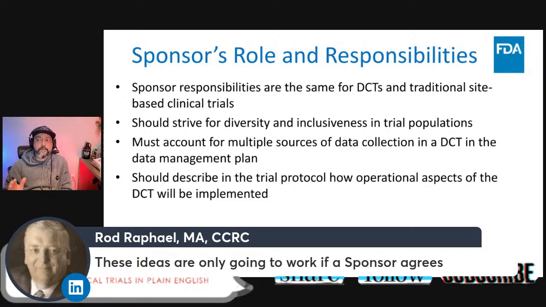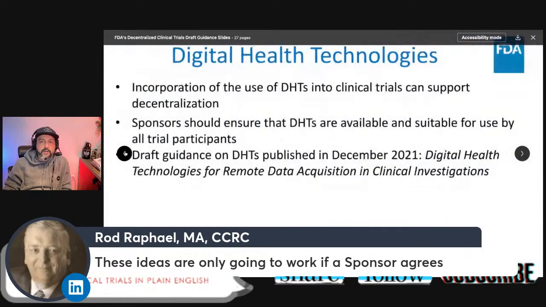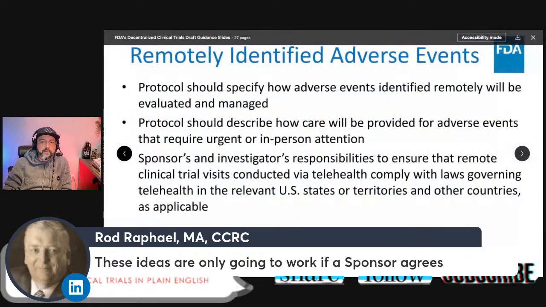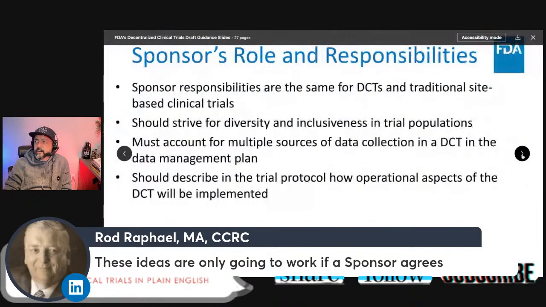And if you're saying we're reaching people we couldn't reach before because they're remote, well, you said in the guidance a few slides back that they're not necessarily people who are going to know the study, right? So how do you do proper informed consent? I guess remotely, but how do you even get to that point?